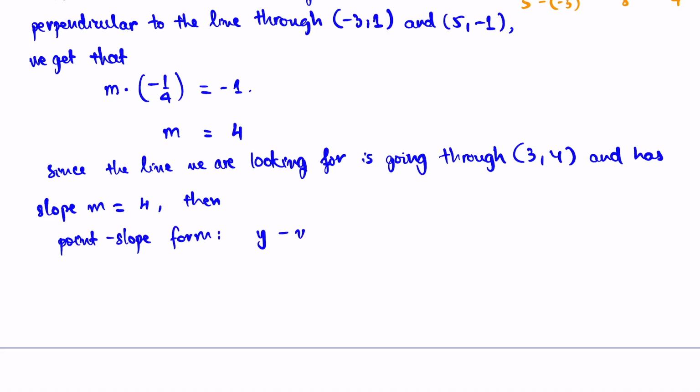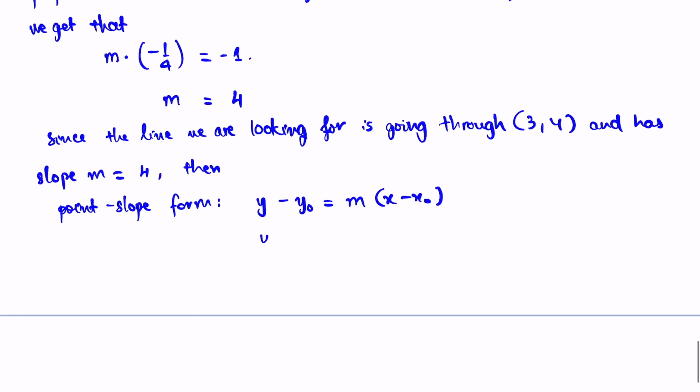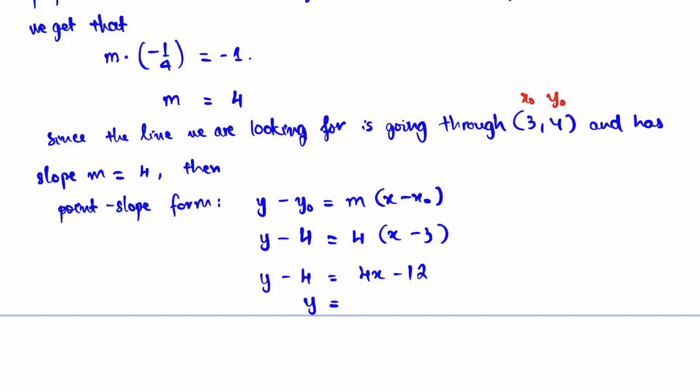That is y minus y0 equal to m times x minus x0. Y minus 4, so this is x0, y0. So that's the equation of the line.